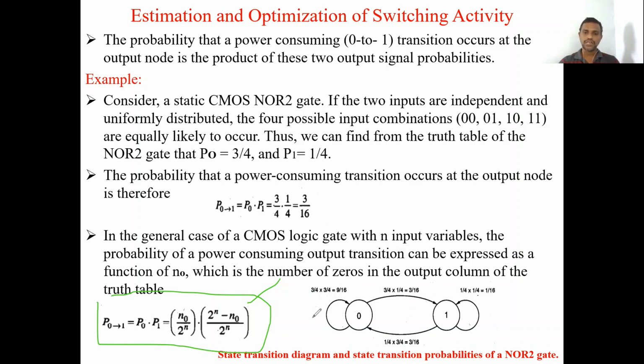So if I consider a two input NOR gate, how many zeros will we get?